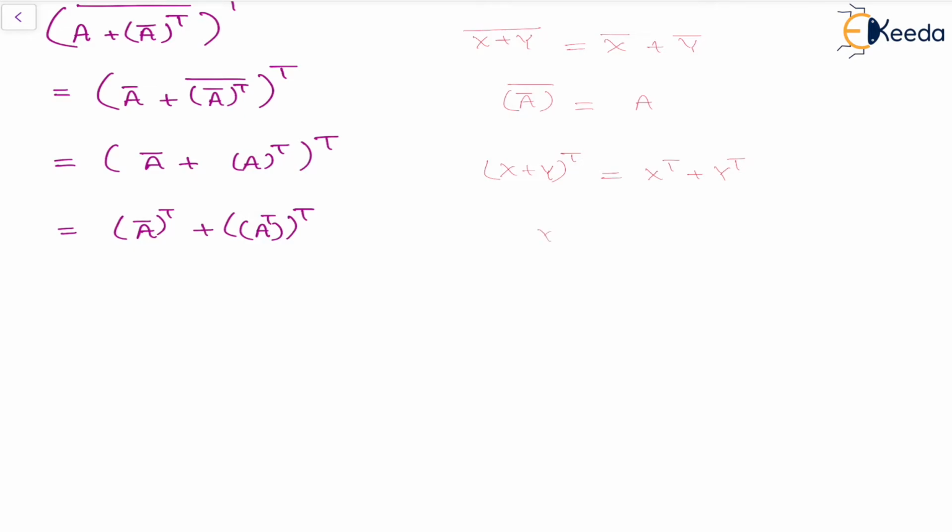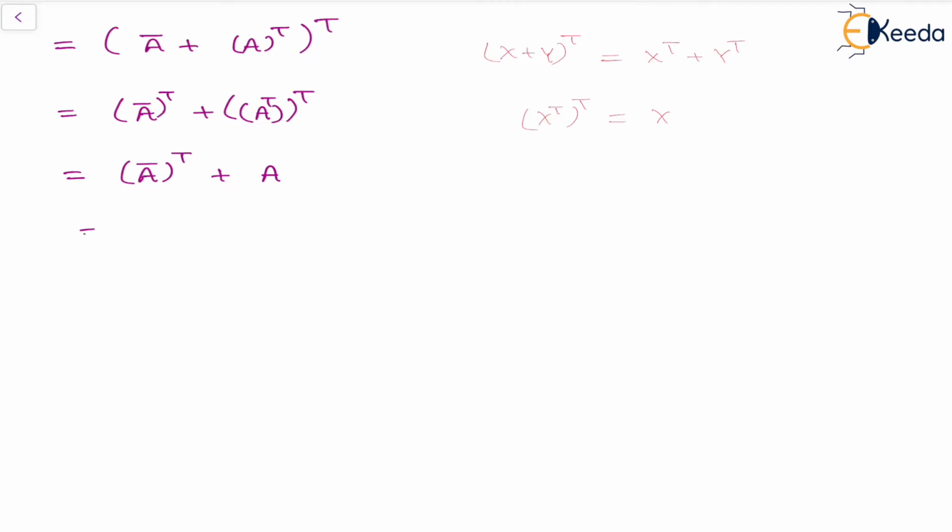And since transpose of the transpose is the matrix itself, this can be written as A transpose conjugate plus simply A. Now since the sum of matrices is commutative, I'm just changing the order as A plus A transpose conjugate.